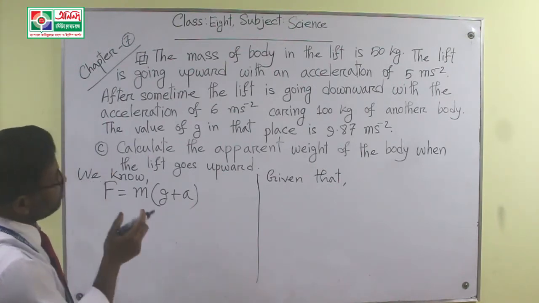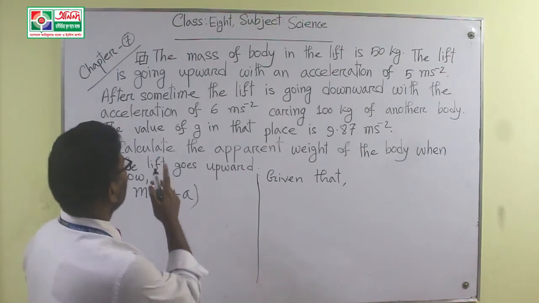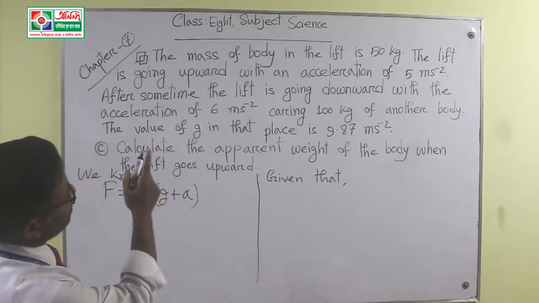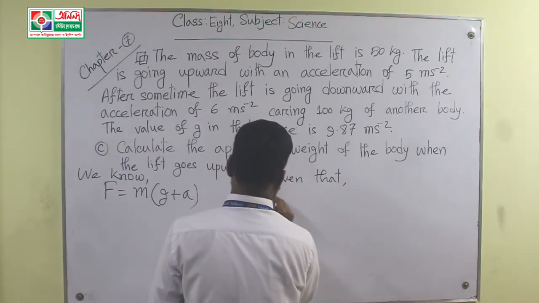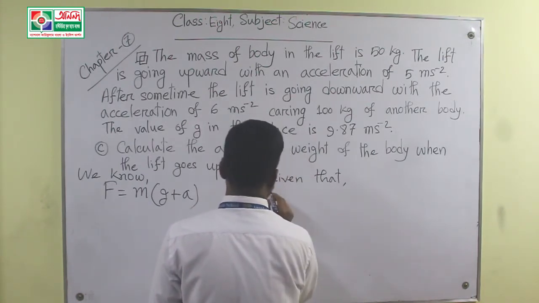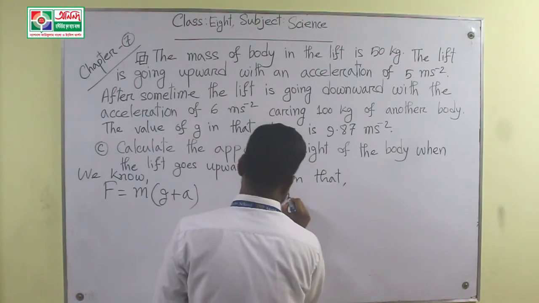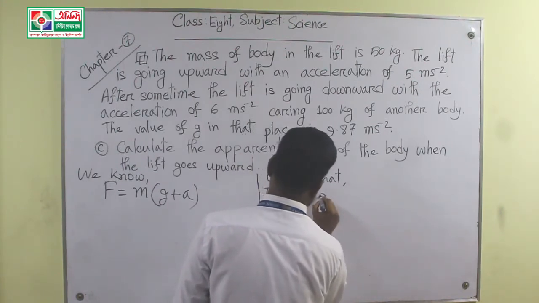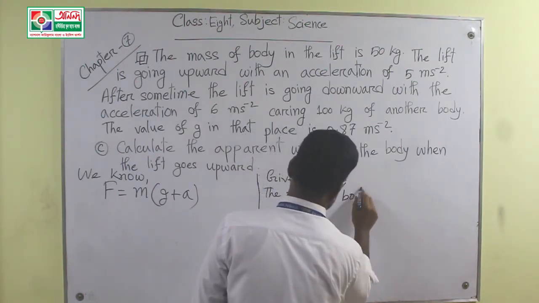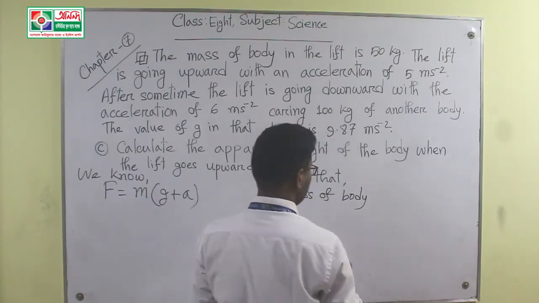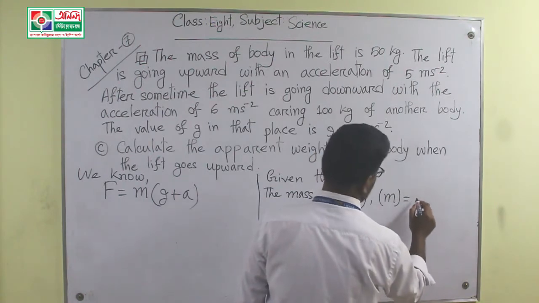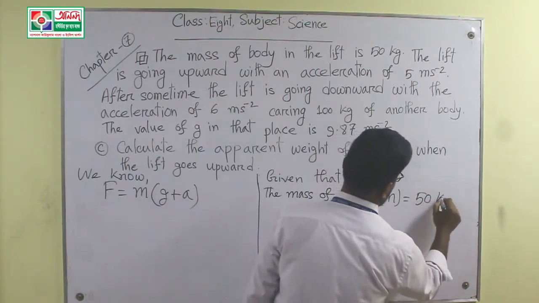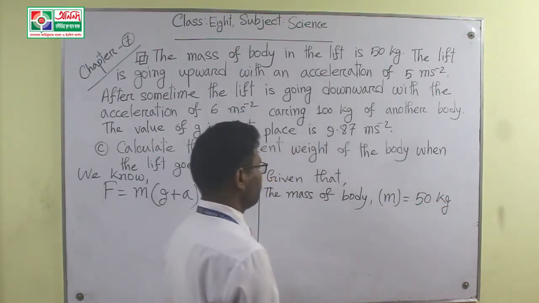The mass of the body in the lift, m equals 50 kg.